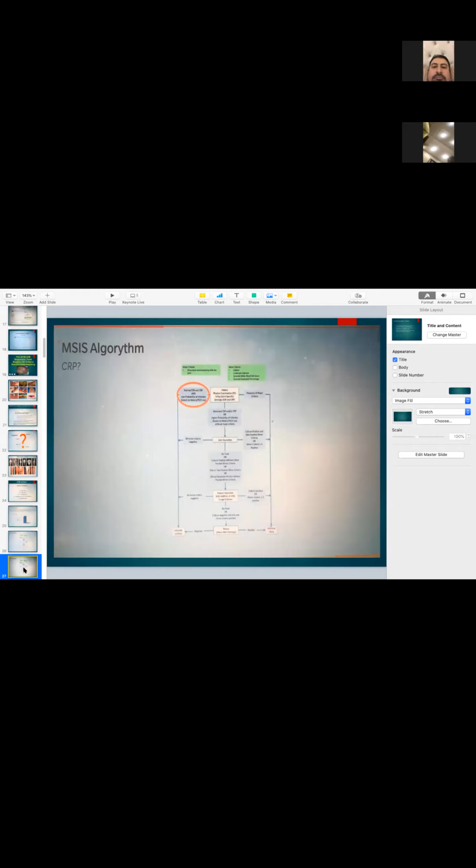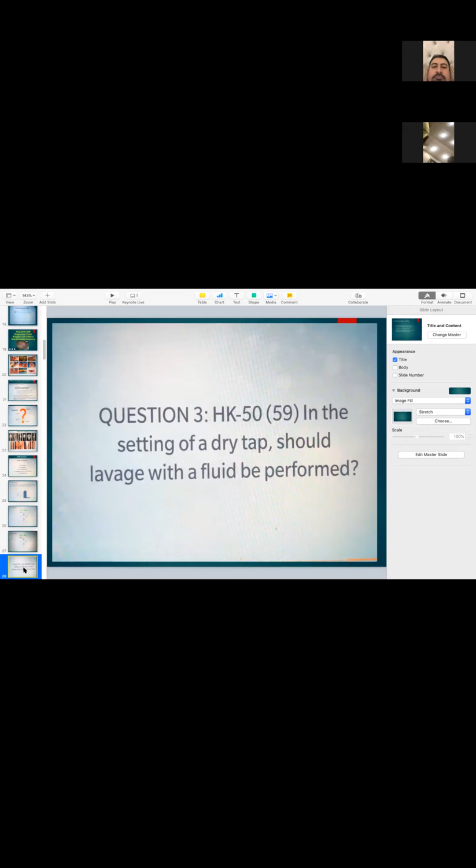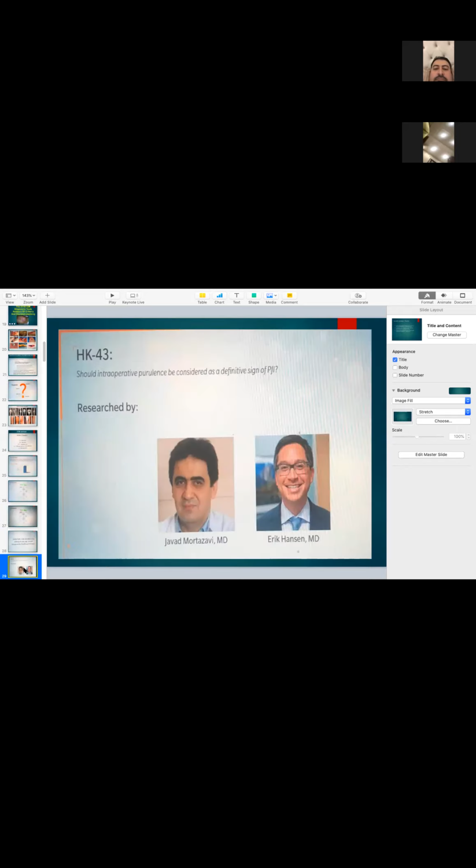But when it comes to Philadelphia 2018, the philosophy changed. One piece of advice is no, when there is a dry tap, don't inject saline into the joint. Also, when you aspirate pus, is this 100% infection?